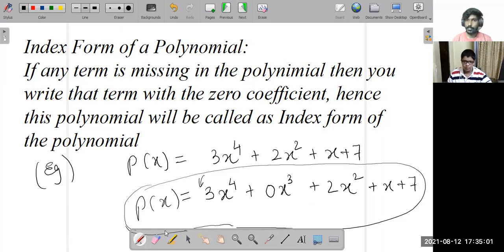The highest degree is 4. All powers less than 4 should be present, and if any power less than 4 is absent, then only you add it, but not more than the highest power. So this is the index form here.